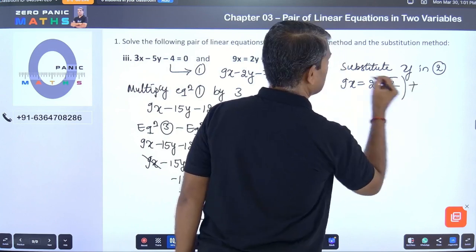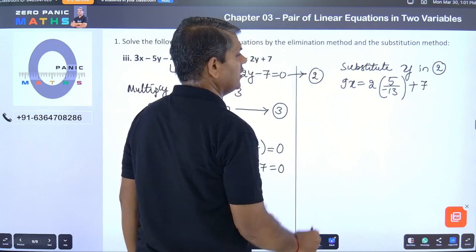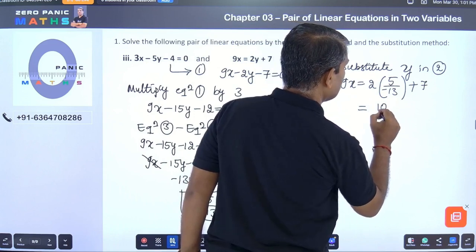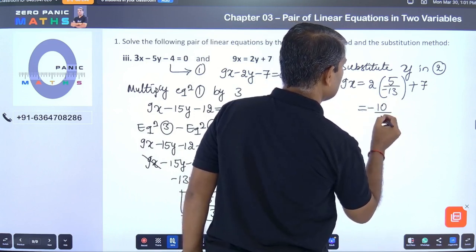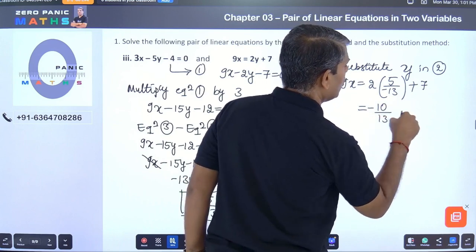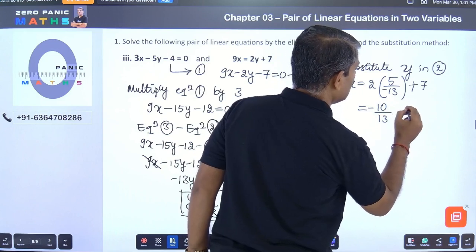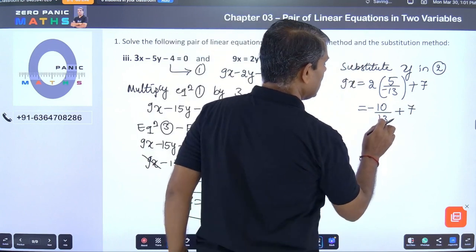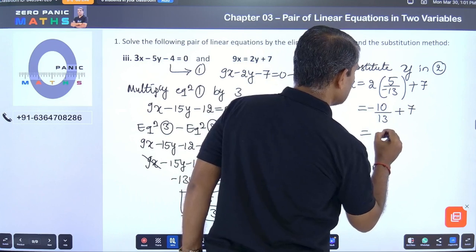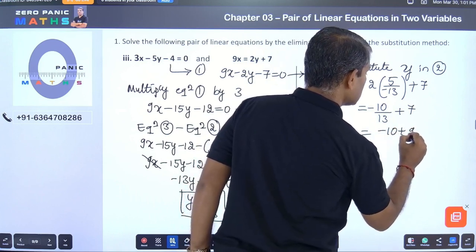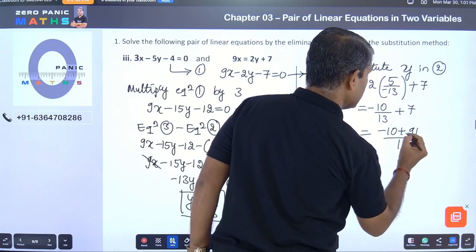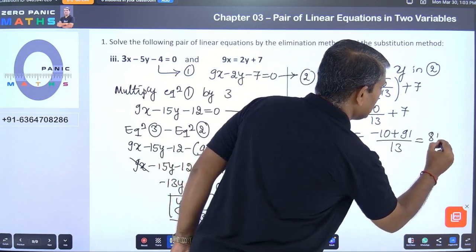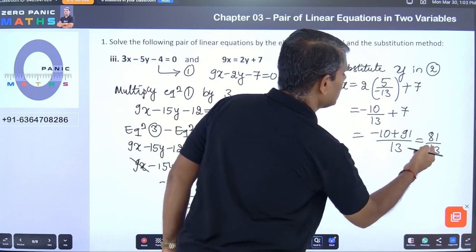So 2 5s are 10 by minus 13, plus 7. So it actually gives me 91. So that is minus 10 plus 91 divided by 13, which gives me 91 minus 10, that is 81 divided by 13.